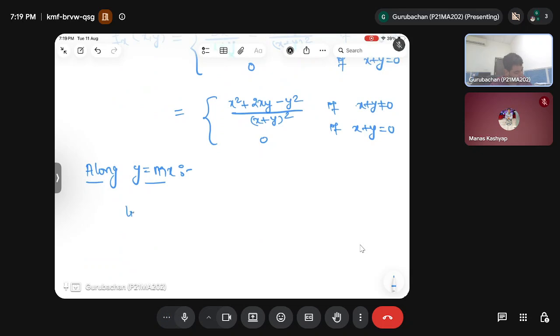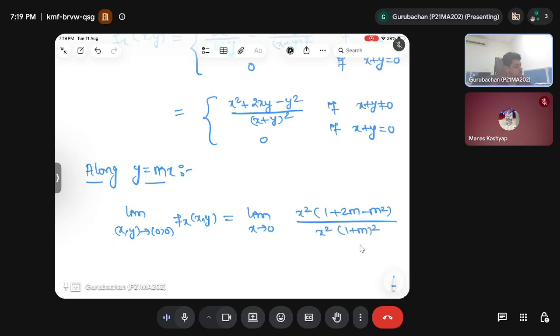So limit (x,y) tending to (0,0) of f(x,y) is equal to limit x tending to 0 of x square times (1 plus 2m minus m square) divided by x square times (1 plus m) whole square.